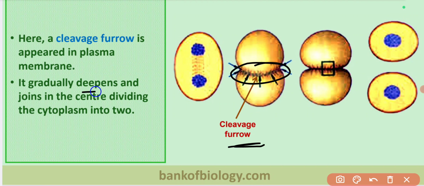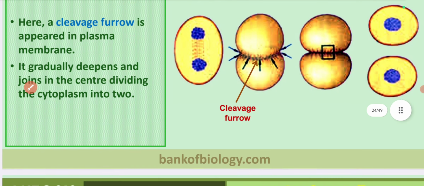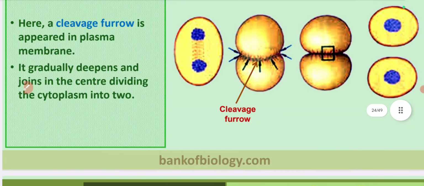It gradually deepens from both sides and joins in the center, dividing the cytoplasm into two portions. Remember the term cleavage furrow.